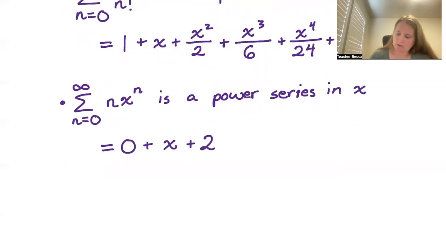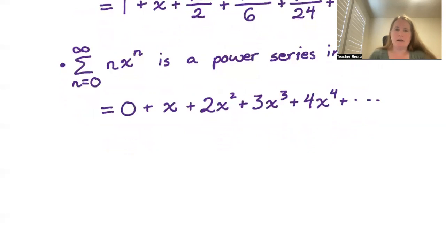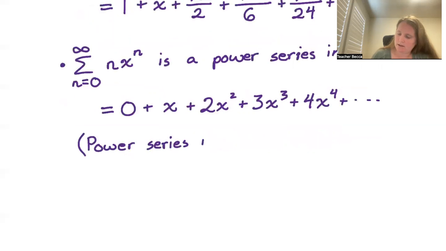Then we have 2 times x squared plus 3 times x cubed plus 4 times x to the 4th, etc. So again, power series in x are essentially infinite polynomials.